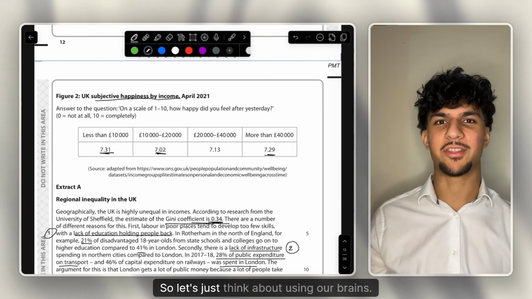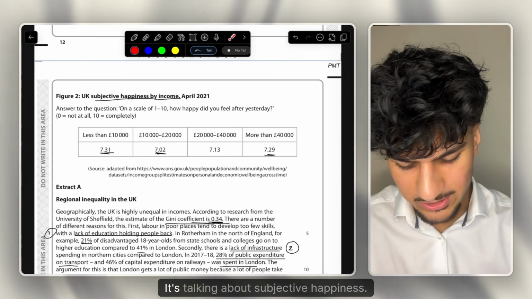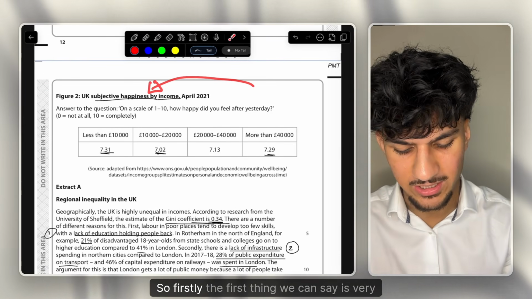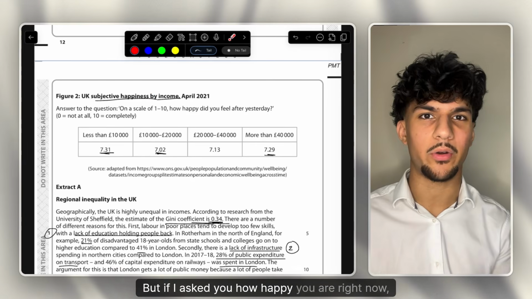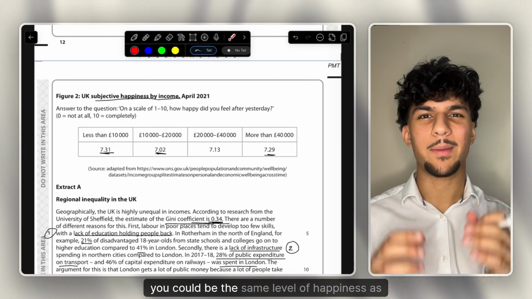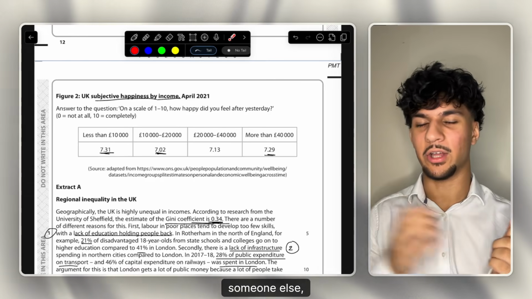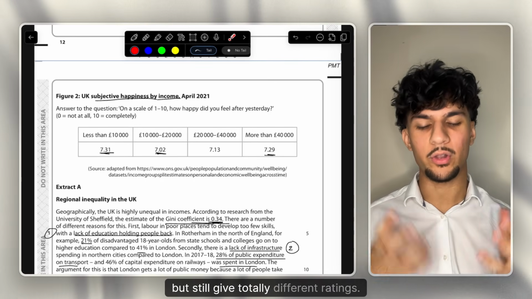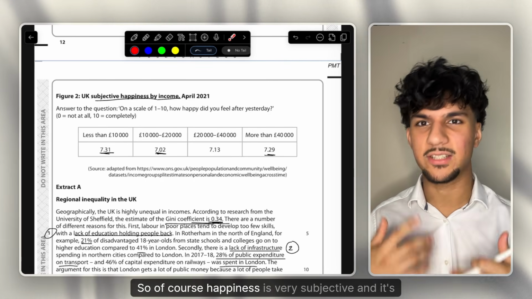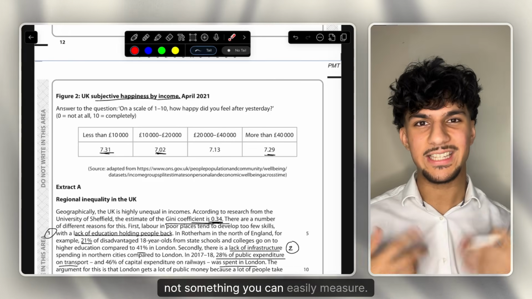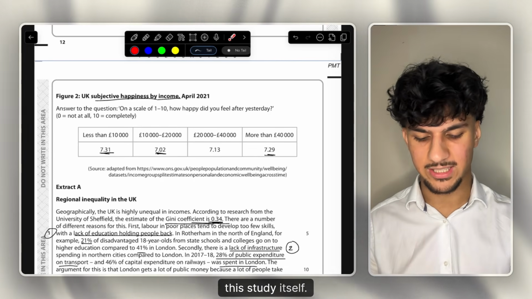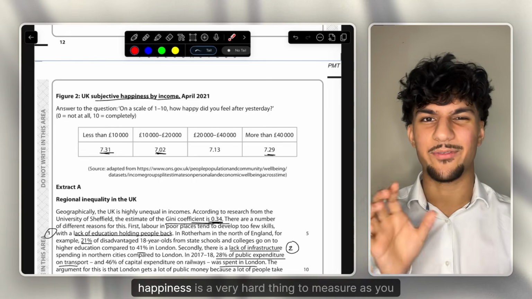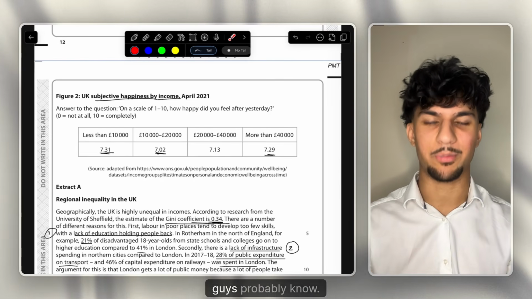Let's think about using our brains. It's talking about subjective happiness. So firstly, the first thing we can say is that it's very subjective. If I asked you how happy you are right now, you could be at the same level of happiness as someone else, and another individual, but still give totally different ratings. So happiness is very subjective, and it's not something you can easily measure. So you can definitely talk about the limitation of this study itself, since happiness is a very hard thing to measure, as you probably know.